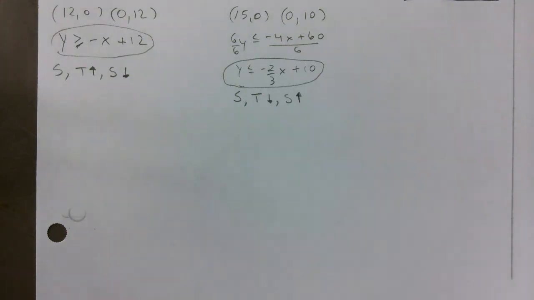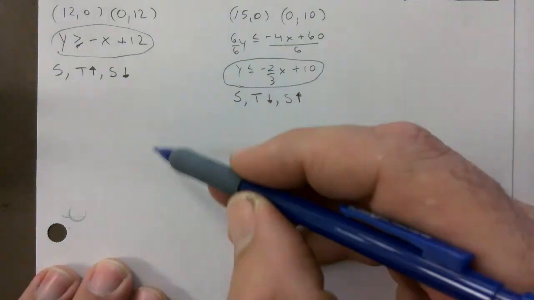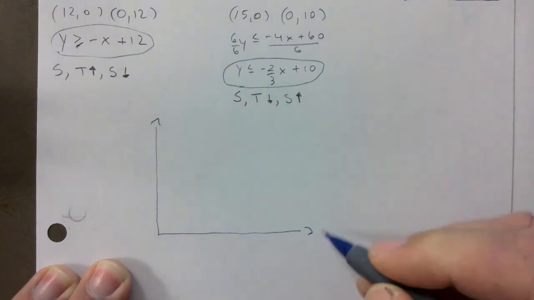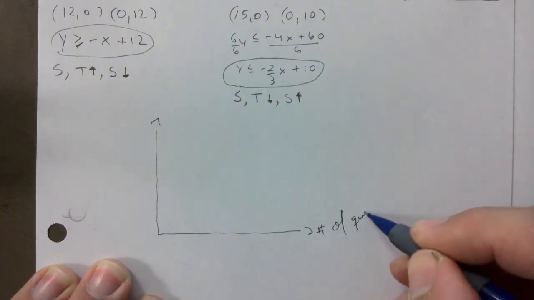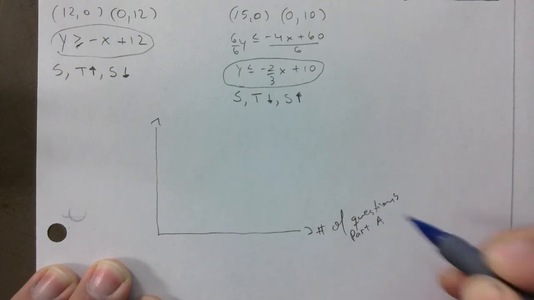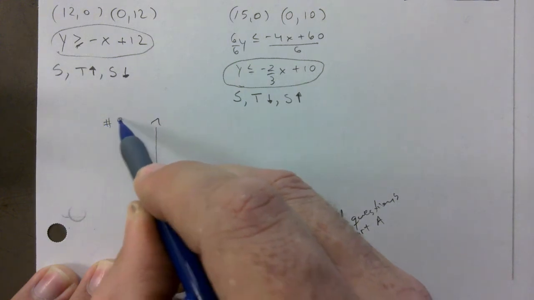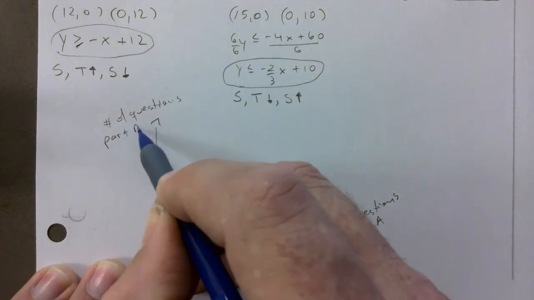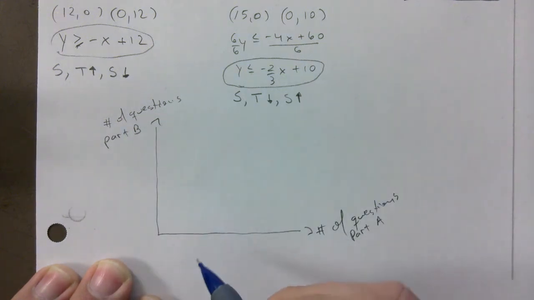Where's my ruler when I need it? No, I have another one. Oh, okay, free-handed then. Number of questions in part A. Number of questions, part B. And I think if I go to 20, I'm fine.